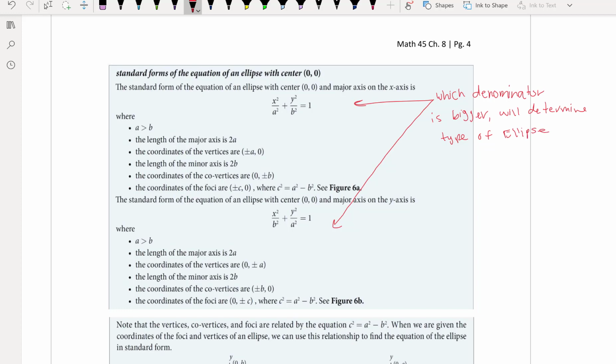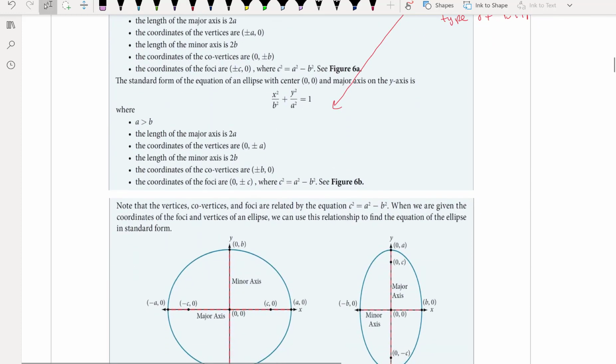Okay, so I hope that kind of helps you out. And we also have something else, and that something else is called the foci. Okay, so here it says the foci is related by the equation where c squared is equal to a squared minus b squared. So I just really want to make sure that you guys see that as the foci, okay?